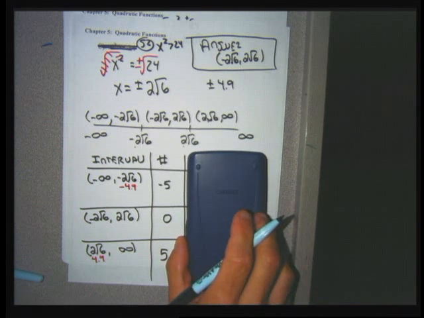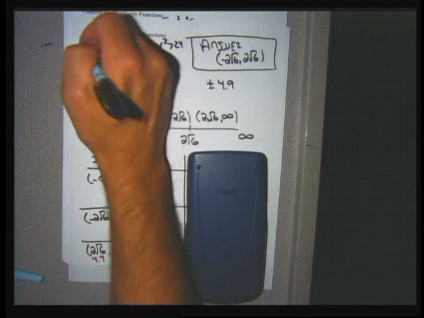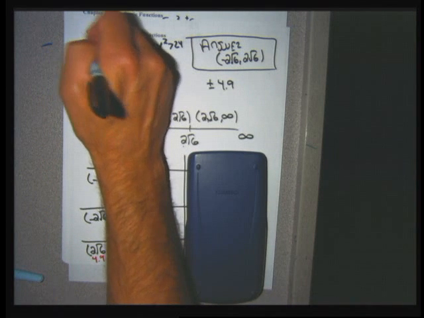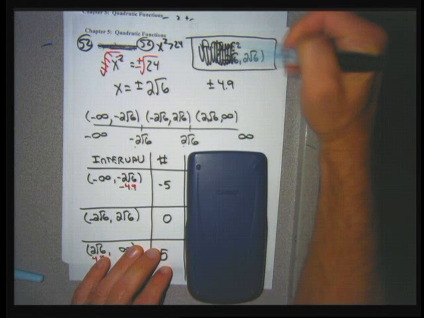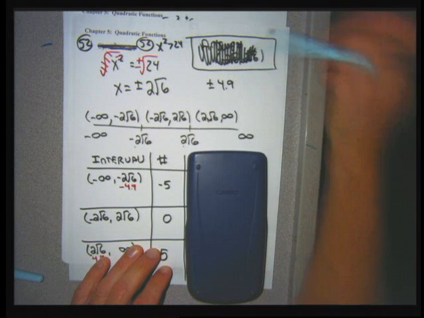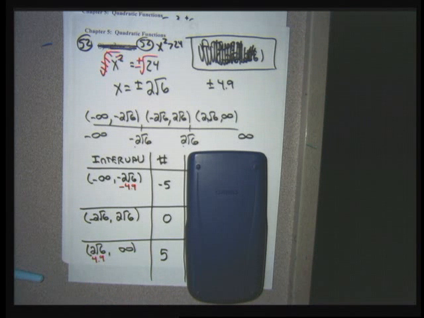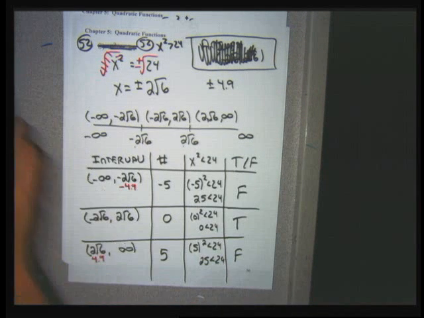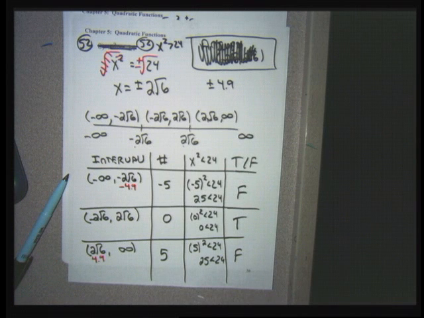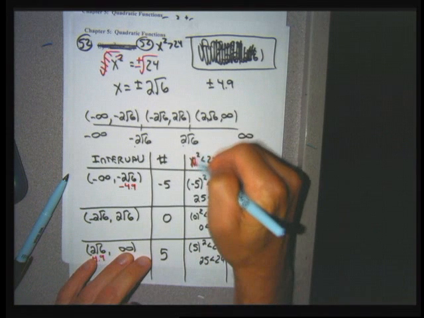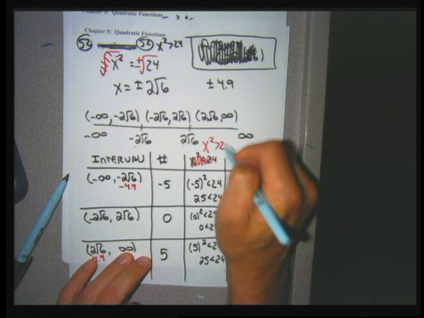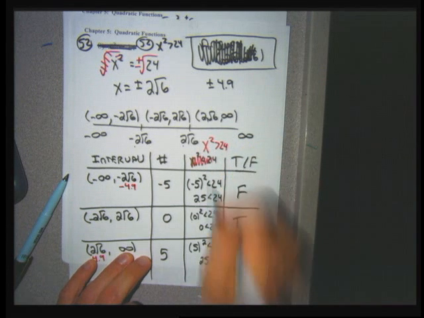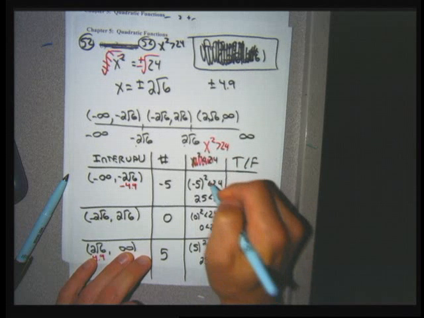I'm going to now call this problem 52. I'm not going to do separate work for 52 because I've done all the grungy work. I'm going to cross out my answer for 8 and replace it with an answer for 52. The only difference between 52 and problem 8 is that this should be x squared is greater than 24, which changes this column.